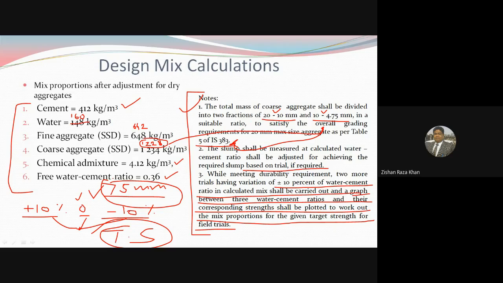पहला, टोटल एग्रीगेट आपने निकाल लिया, that is fine, but it shall satisfy the grading requirement of IS 383. Number two, whatever mix design you have created, it should give your required slump. If it is not giving that slump, you should adjust it.